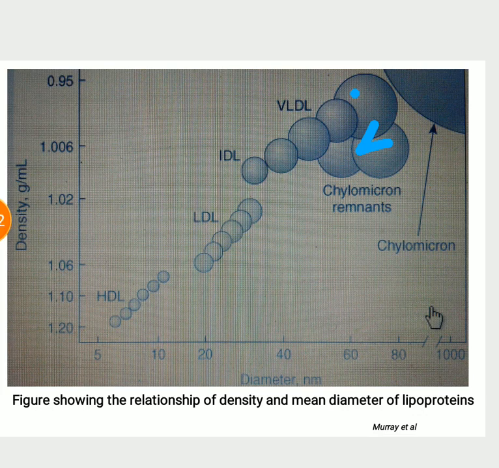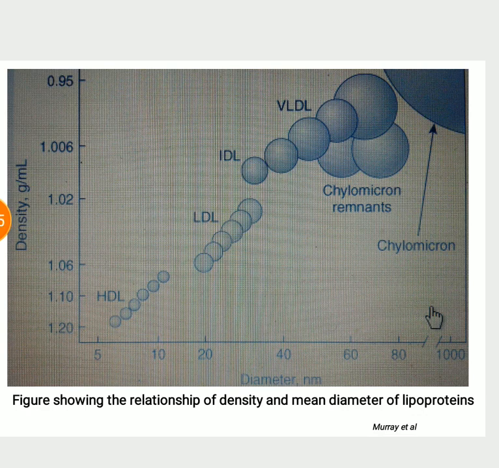A remnant of a chylomicron is a chylomicron whose tags have been removed, maybe for breakdown or storage within the adipocyte.